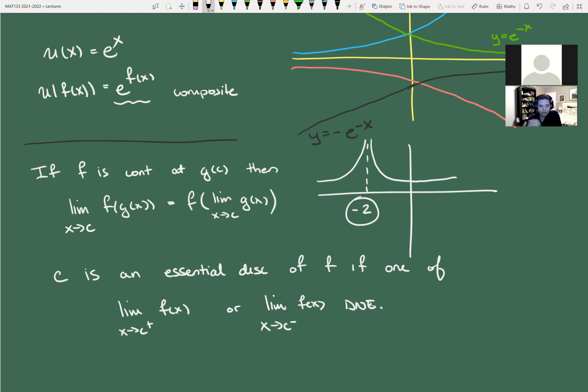Generally we don't look at the y value when we talk about discontinuities. We only talk about what point in the domain of the function has a discontinuity. Okay, Kelly, I think you're the only one that I'm still behind on.